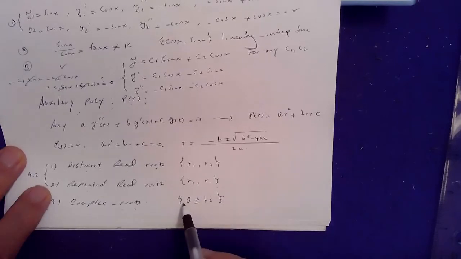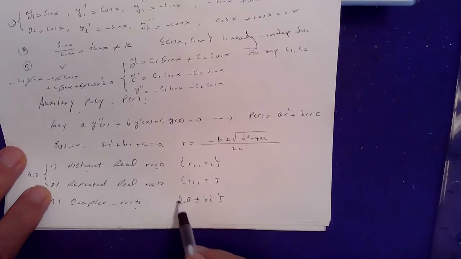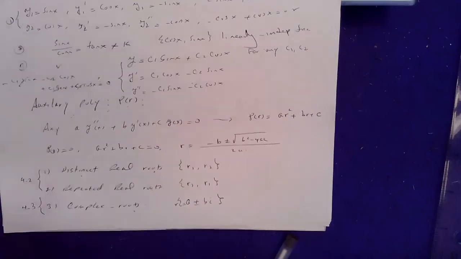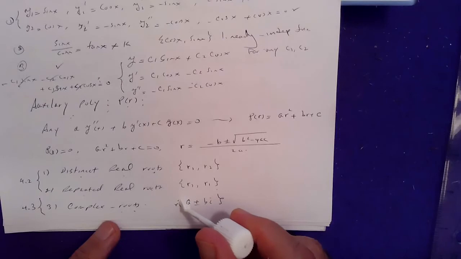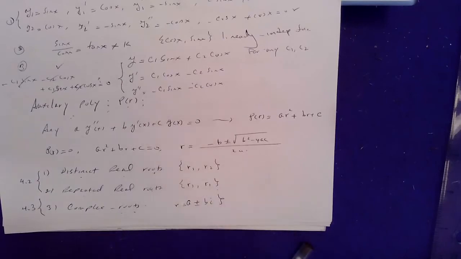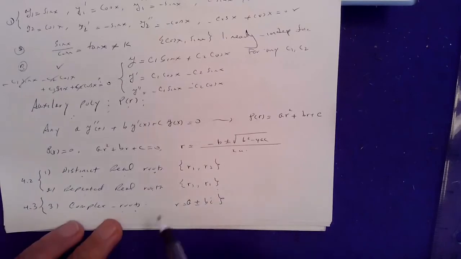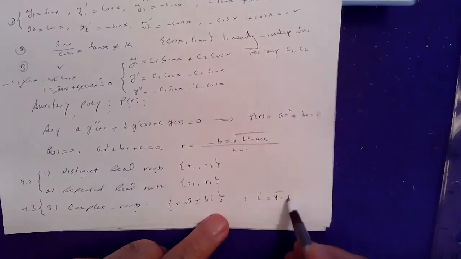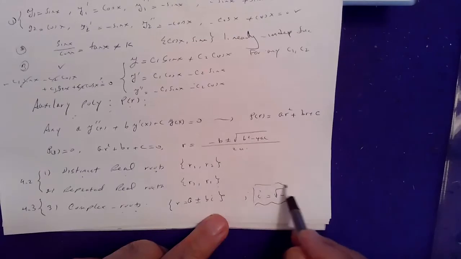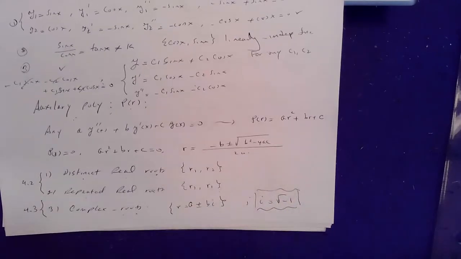In other words, you would have complex solutions, meaning you would have i in your final answer. Remember, i from algebra classes is the square root of minus 1, the imaginary number.